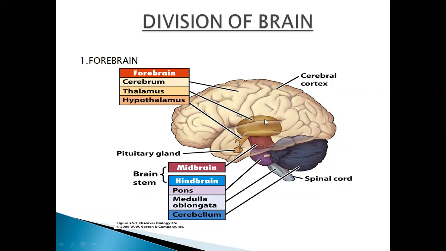If I am pressing your skin, you feel pain. This sensory information in your brain is interpreted by this part, the thalamus. So you can say that thalamus is involved in pain perception and consciousness, whether you want to sleep or you are awake. These functions are controlled by the thalamus part of forebrain in your brain. Clear?